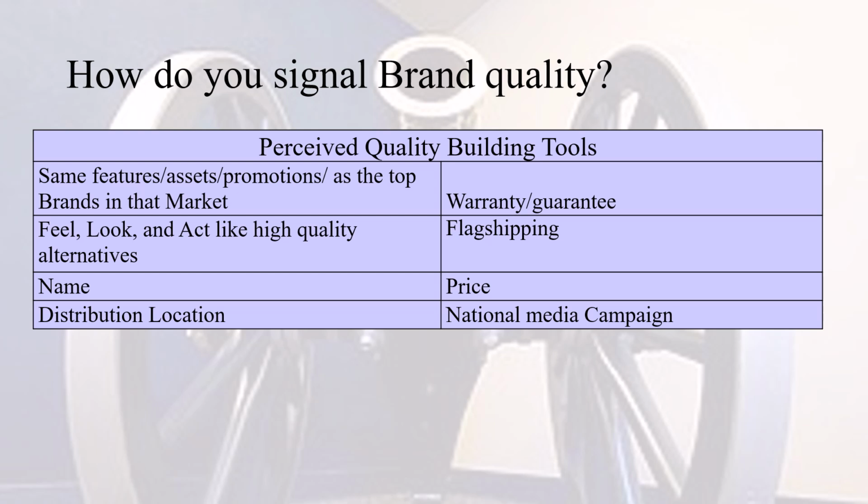I should do my marketing by flagshipping the most positive aspects of the brand. I want to make sure that I have brand recognition, and I want to make sure that I have a price that is commensurate with the particular level of perceived quality that I am pursuing. I need to understand the concept of distribution and think about things like national media campaigns.